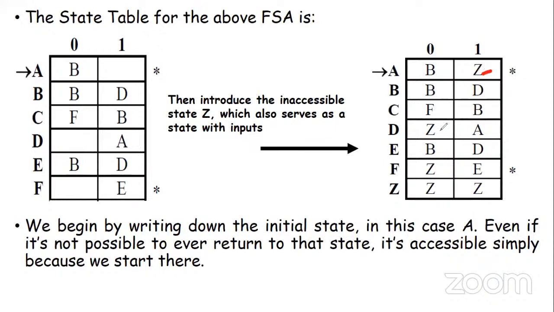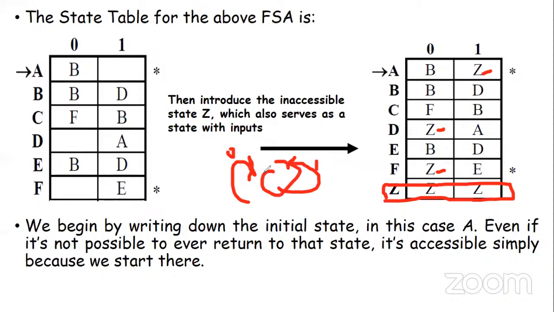I only introduced the inaccessible state as its own independent state with input. And you know that its input has to be forced to remain in that black hole. So for the transition of 0, it goes to Z. For transition of 1, it goes to Z, right? All right. So moving forward.